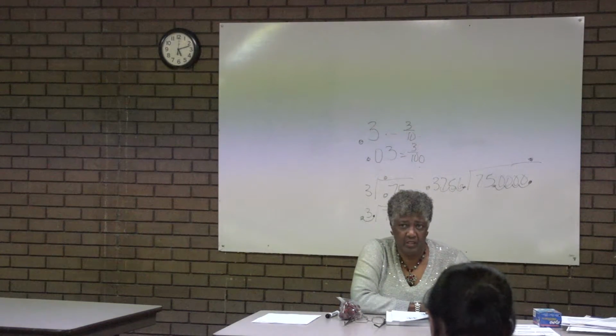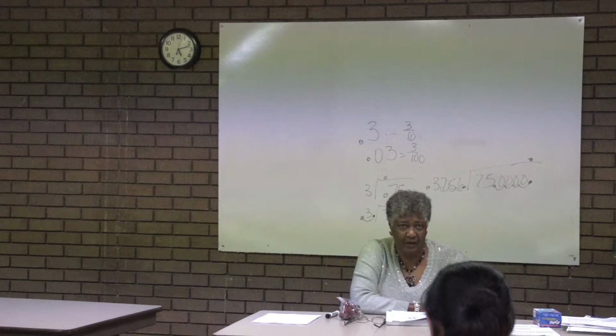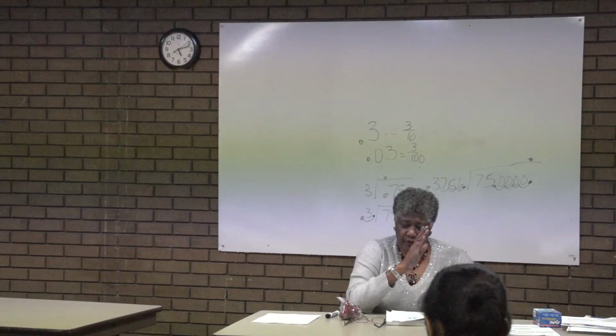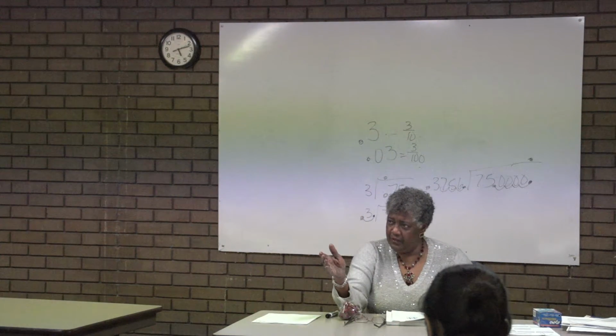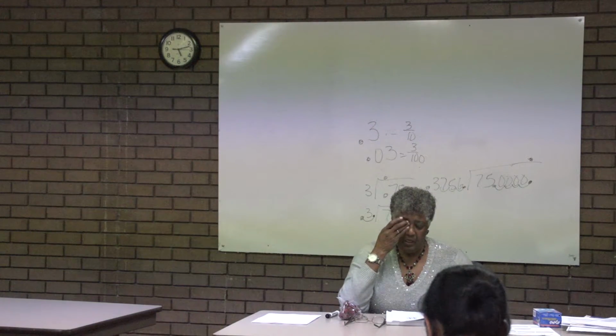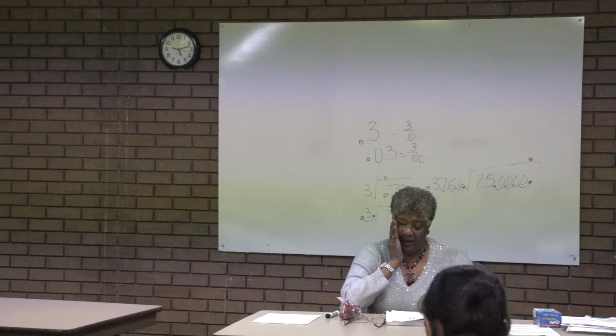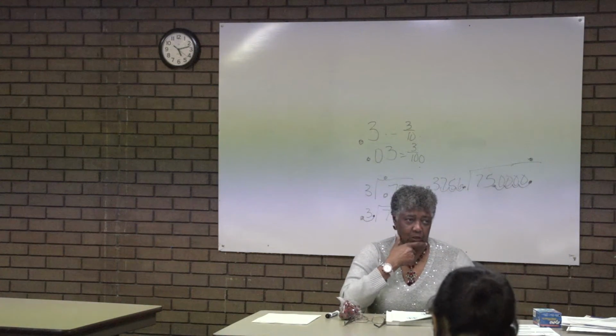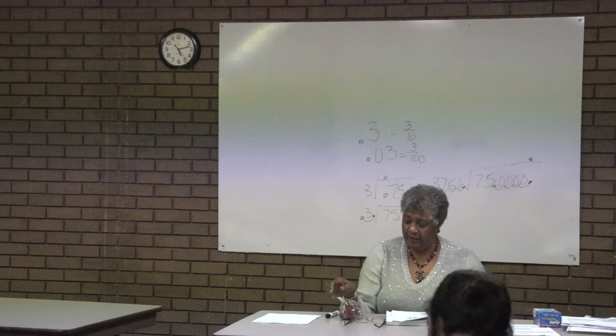So he did 15 plus 7.5, he would have done 22.5 hours. But they said, how many miles did he travel? So for every mile, he had 15 miles per hour. So what are you gonna do to figure out how many miles he went in 1.5? Multiply it. So go on and do that. Multiply 15 times 1.5.